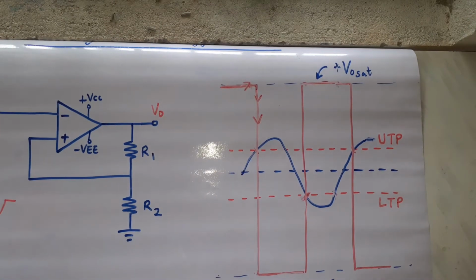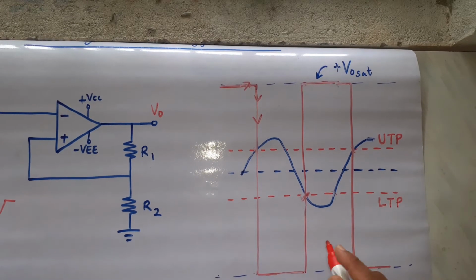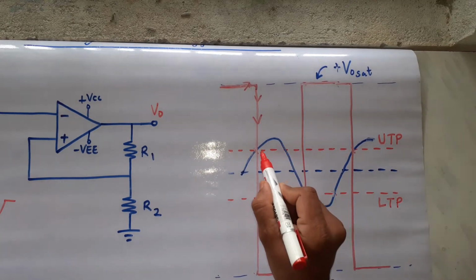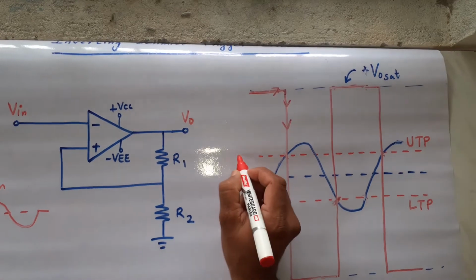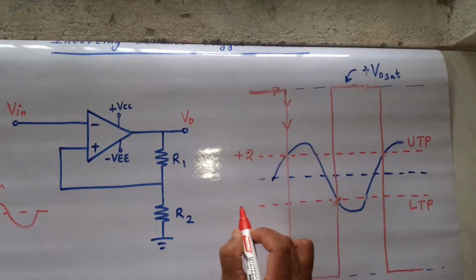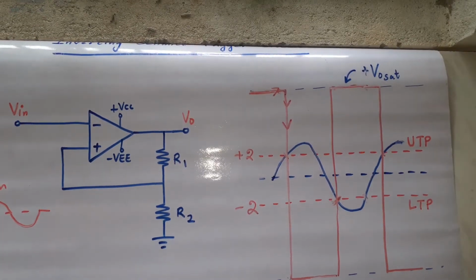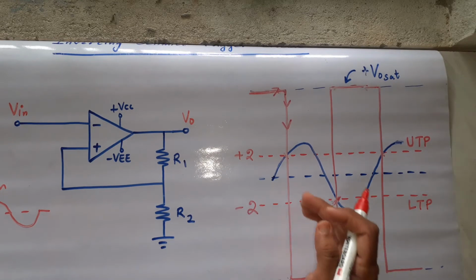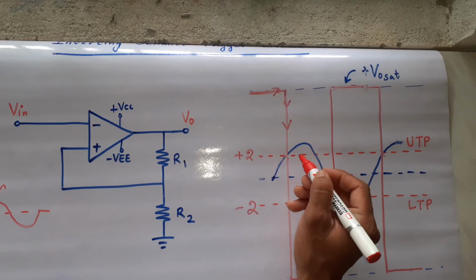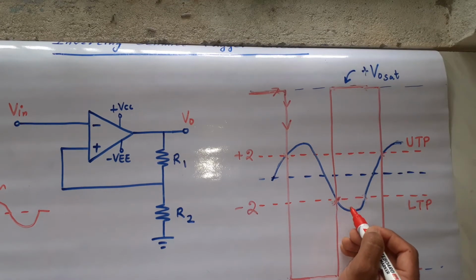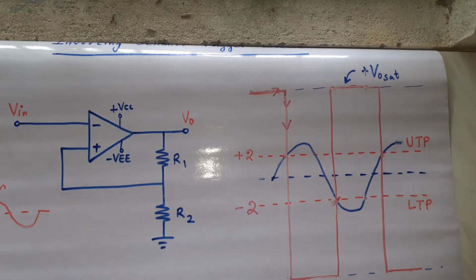So you will be getting a rectangular waveform like this, and the triggering is taking place at UTP line and LTP line. For example, this UTP can be plus 2 volt here, here minus 2 volt. Understood? So whenever input is reaching plus 2 volt, your output will change, and here whenever input is reaching minus 2 volt, your output will change.